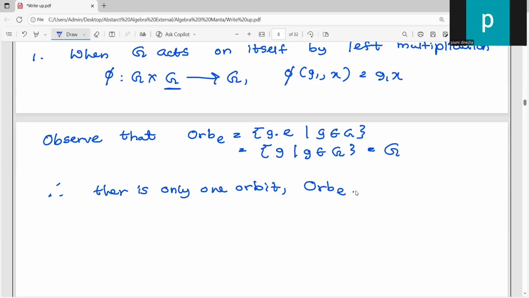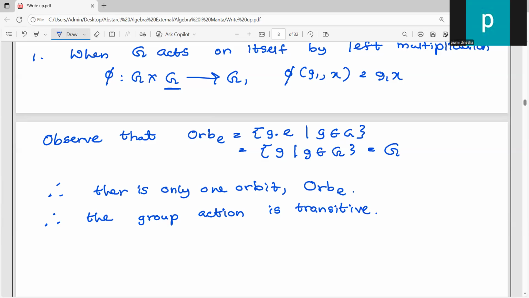By taking the identity, we can see this clearly, that we get the entire group. So what can you say about the group action? The group action is, by definition, transitive, because there is only one orbit.